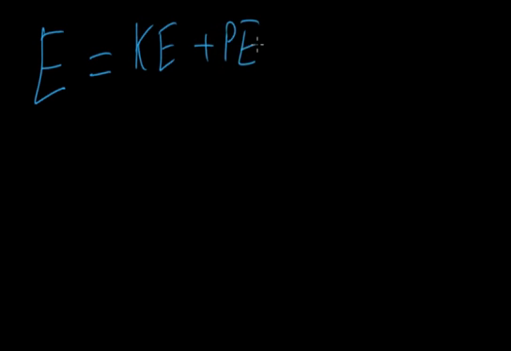I am going to note this, that the energy in a system is equal to the kinetic energy plus the potential energy in the system. Think about a ball being dropped off a cliff. If you're holding it up here, then it has a lot of potential energy. Let's say 100, let's make up a number, but its kinetic energy is 0 because you're holding it still.